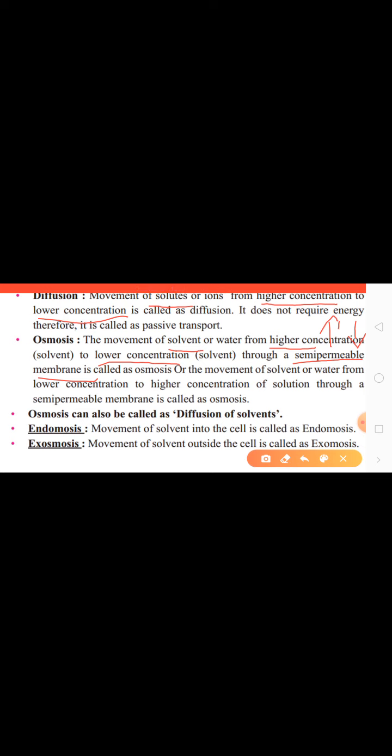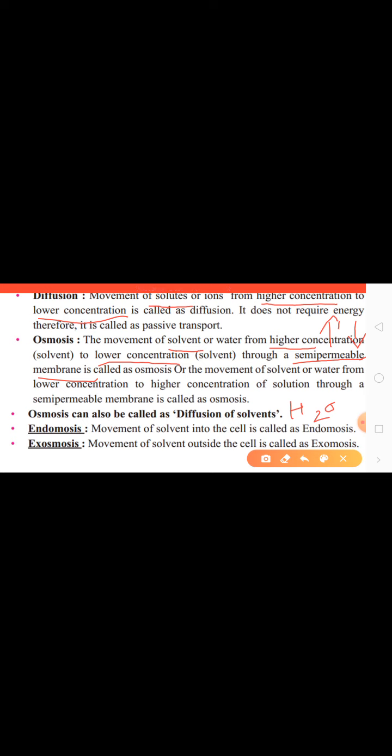Because of the movement of water molecules from higher region to lower region through a semi permeable membrane. So this is called a special type of diffusion. So osmosis can also be called a diffusion of solvents. Solvents in the sense of H2O, the water molecule, whose movement is possible.